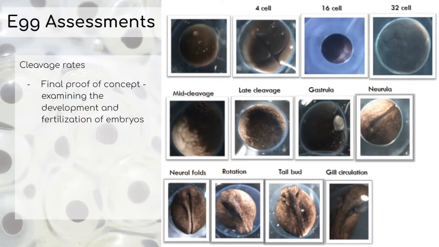And that'll give you a good idea of whether or not your pair was viable, or if something might be wrong with one side of the gametes, the sperm or the eggs. And so this is also highly species dependent. Some species you can tell after a matter of hours if the egg is developing. Some, like the mountain yellow-legged frog, takes 24 hours. So it's a much longer progression.